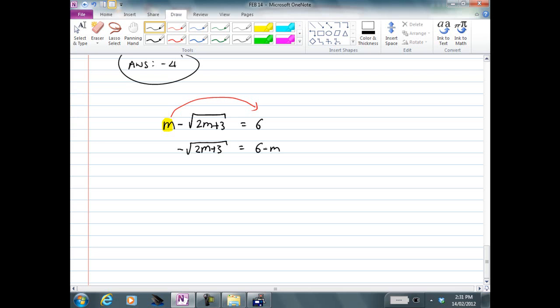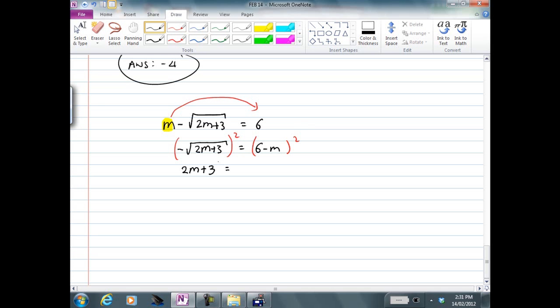Hartaj, how do you get rid of the square root? I'm going to square both sides. If I square the left side, you'll get 2m plus 3. Exactly. No tricks. If you square the right side, don't be shy, FOIL this out.